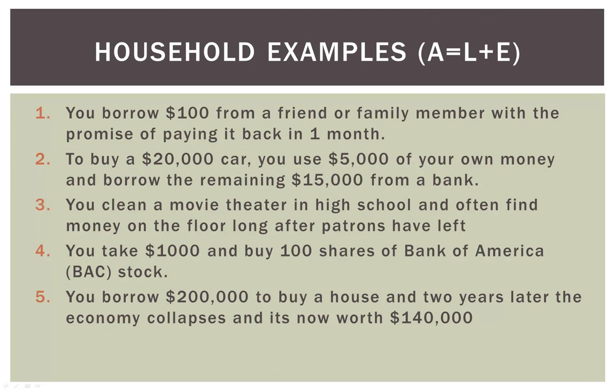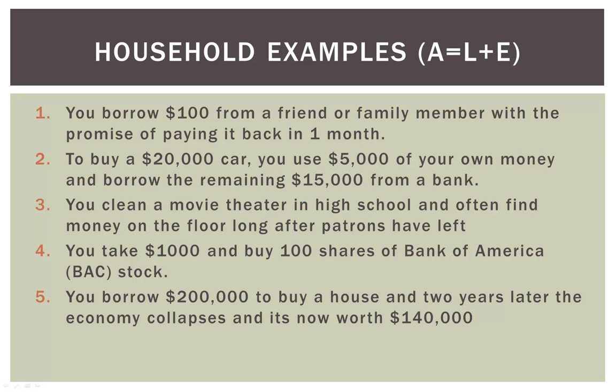Okay, so I like to use real-world household personal examples to explain these business concepts because there's a lot of overlap in how we manage our household finances and how a business manages its finances. So let's look at these 5 examples. Number 1, let's say you borrow $100 from a friend or family member with the promise of paying it back in 1 month. Now, how does that relate to our equation up there at the top? So we borrow $100.